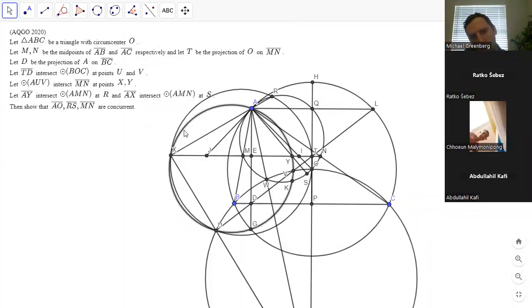AYGX or YGUX. So then by Miquel's theorem, TYOV would be cyclic. But how do we know YGUX is cyclic?